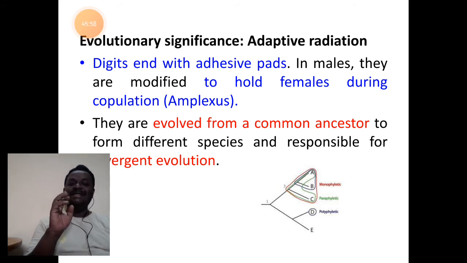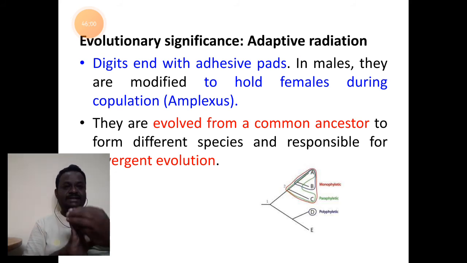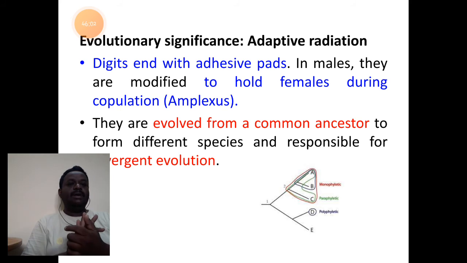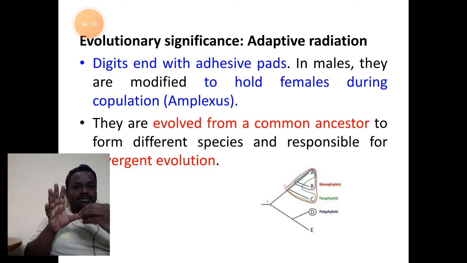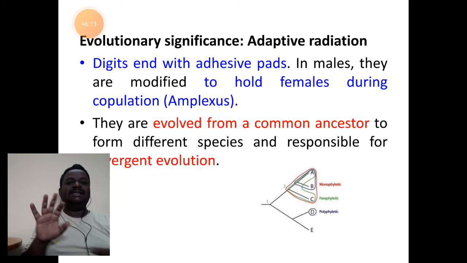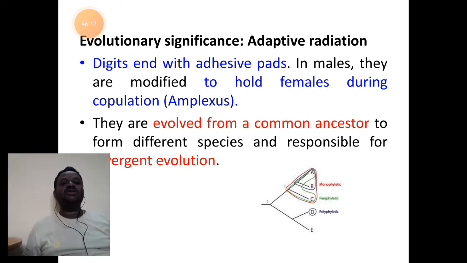When we look at the digits, the 5 digits, externally these digits in the case of males are modified to have adhesive pads. So you have at the tip swollen structures called adhesive pads. It is to hold the female during the process of copulation, or the amplexus phenomenon.